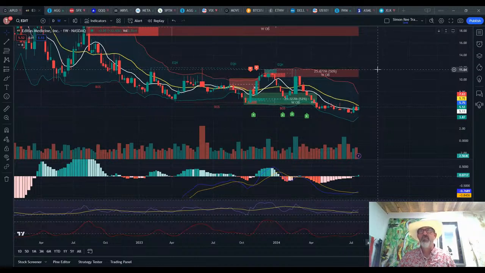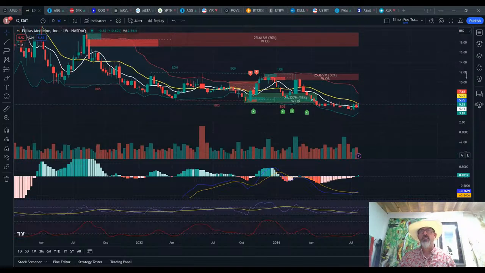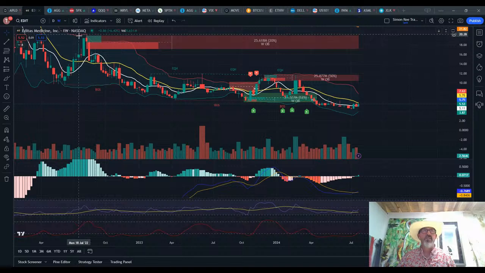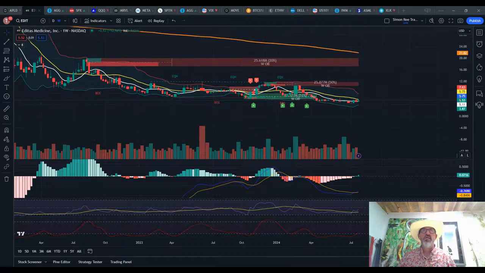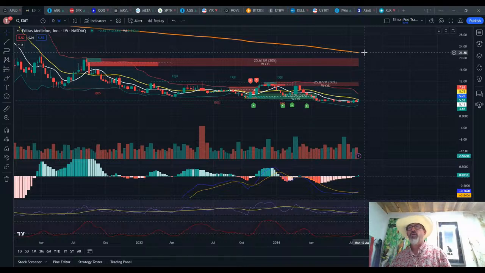If that changes momentum, then there's a good chance we move higher. And then you've got a past resistance level back here in 22. If you transfer that over, that could be a resistance level. But to get this thing to here, which would be $21 on the 200 weekly moving average.